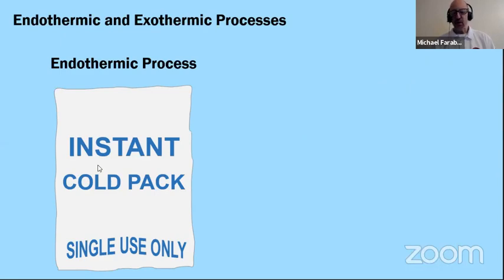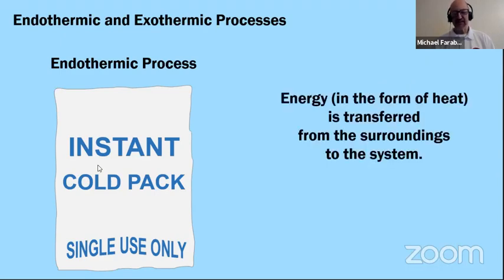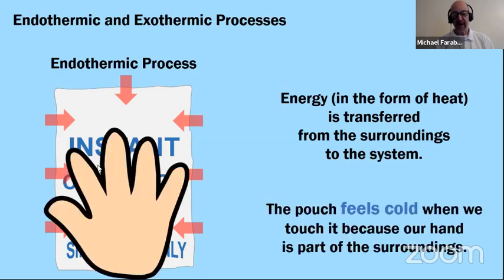So for an endothermic process, energy is transferred from the surroundings to the system. So the system is the dissolving of that solid that's inside the instant cold pack into water. Now, when we feel the cold pack, it feels cold because our hand is part of the surroundings. The system is going to be the water and the dissolving solid.